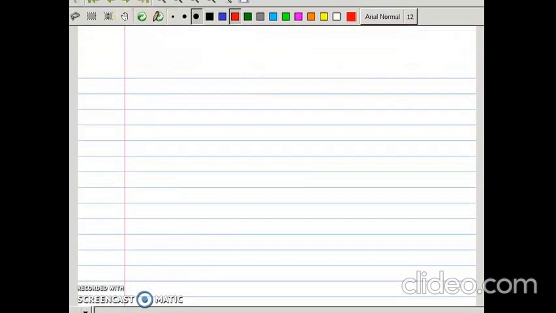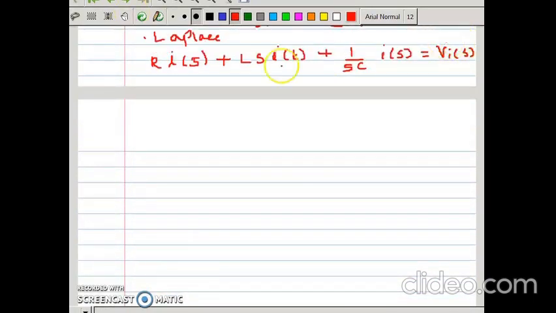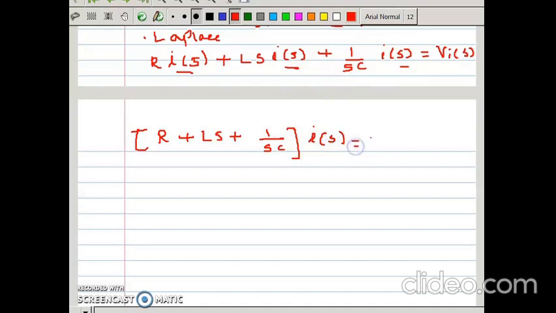What is common in all terms? R, LS, and 1 upon SC, and we take I of S outside. So this is your equation number 1, or equation number A.